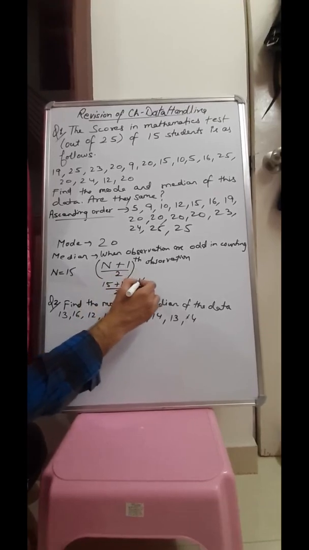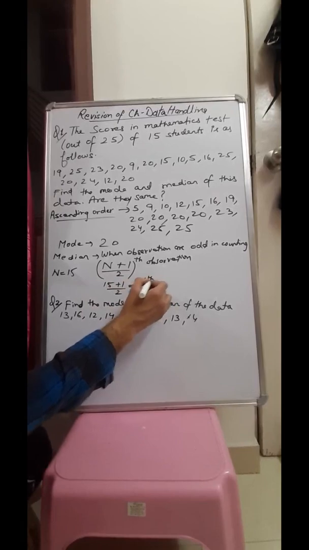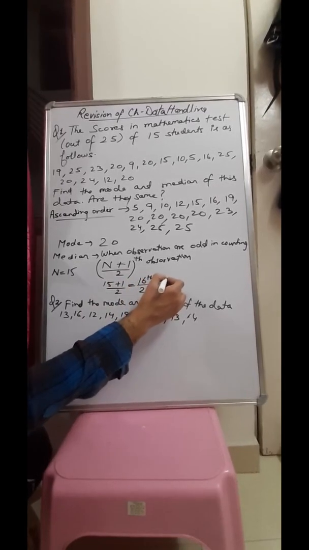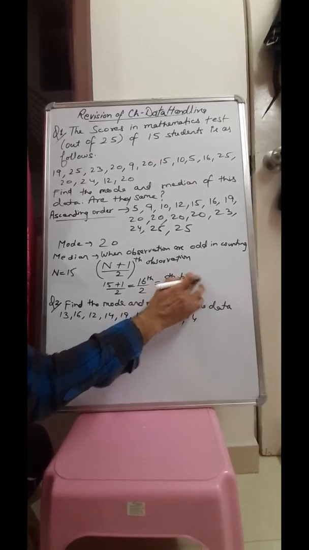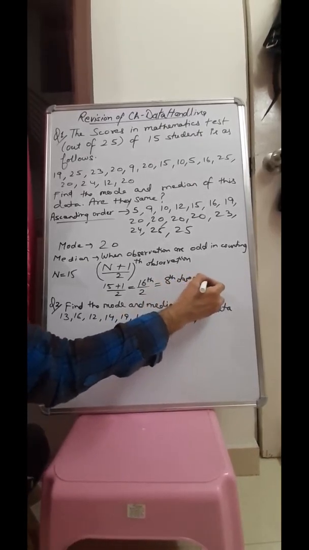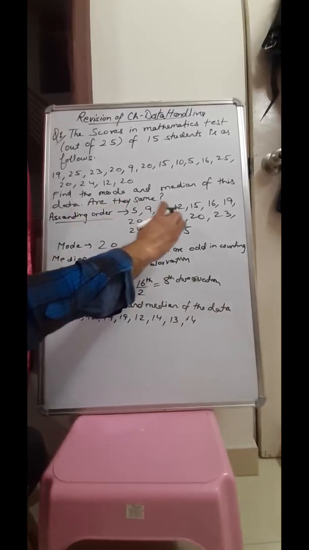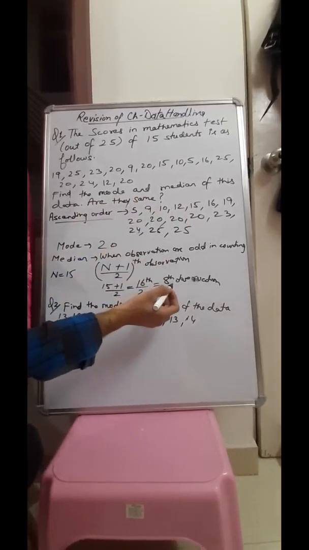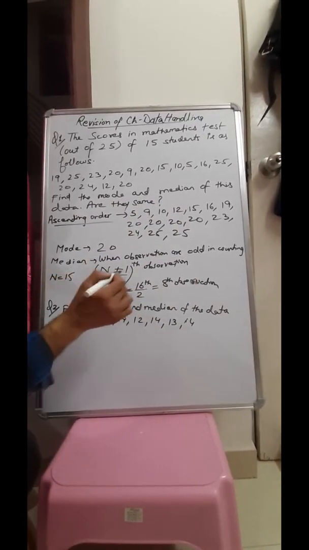15 plus 1 is 16. 16 divided by 2, you will get the 8th observation. The 8th observation means when you have arranged this data in ascending order, the number which is coming at 8th position will be considered as the median.